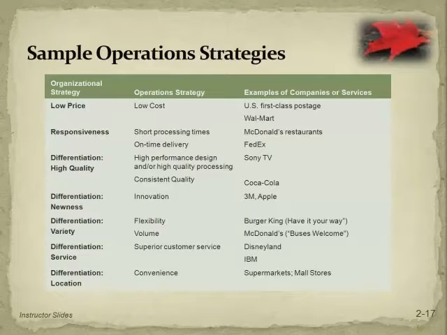So take a look at some of the items on this particular slide. I'm not going to go through each one of them, and you can see the organizational strategy that could be there and what the supporting operational strategy could be that supports that organizational strategy. And then finally, some companies over on the right-hand side that have excelled at this particular area.